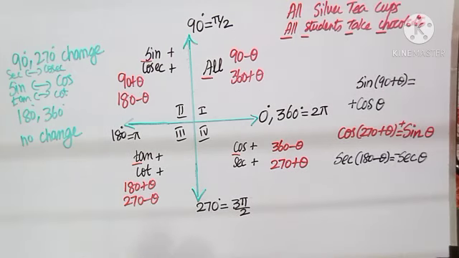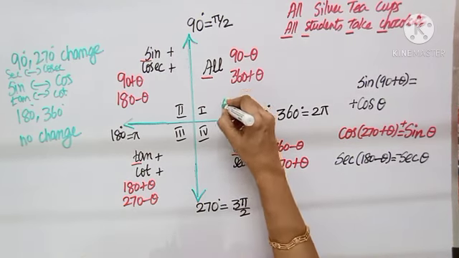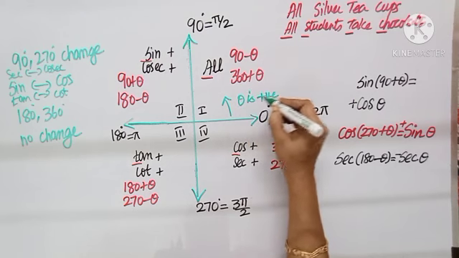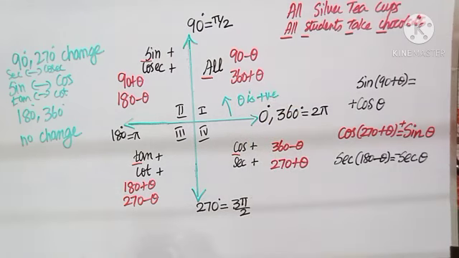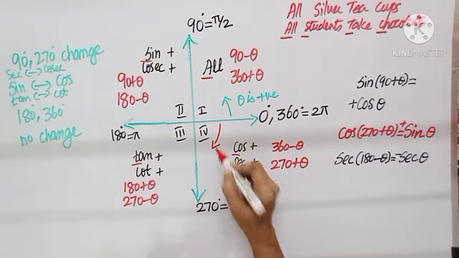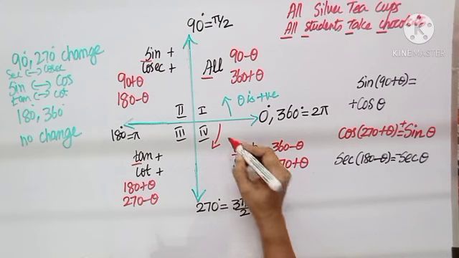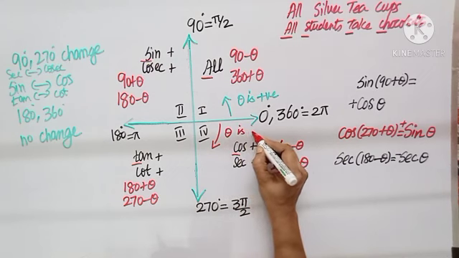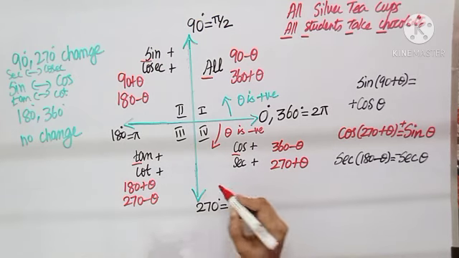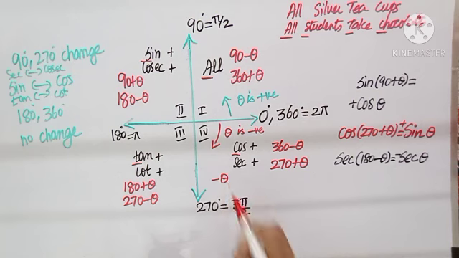Now the very important one, if I go in this direction, theta is positive. This is anti-clockwise direction. Whereas if I go in this direction, this is clockwise direction, I say theta is negative. So remember all this. When we say negative, I call it as minus theta.